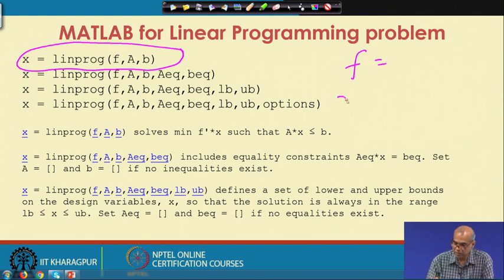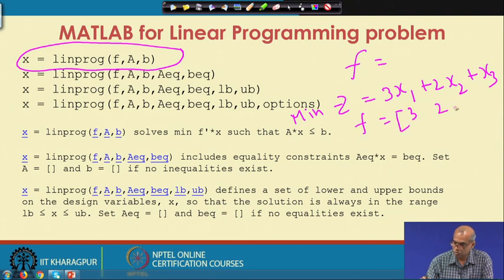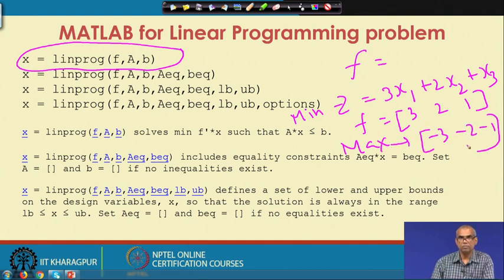So, if we are solving a minimization problem, let us say minimize z equal to 3 x 1 plus 2 x 2 plus x 3, then f is the vector 3 2 1. If I want to maximize it, for maximization I will write minus 3, minus 2, minus 1.